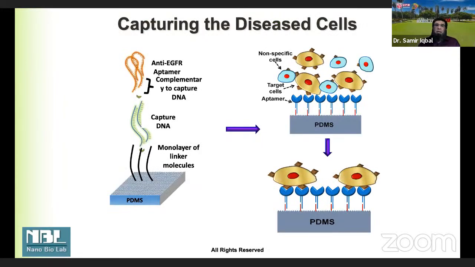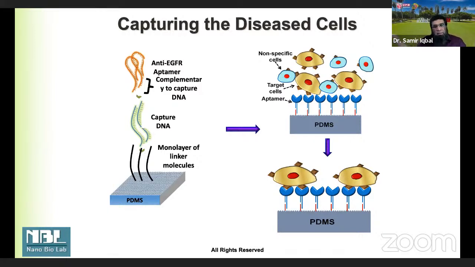In our case, we used a molecule called an aptamer, which is known to be very selective in binding with EGFR. Aptamers are nucleic acids which have been experimentally found to bind to biomolecules, and they do it by changing their shape.